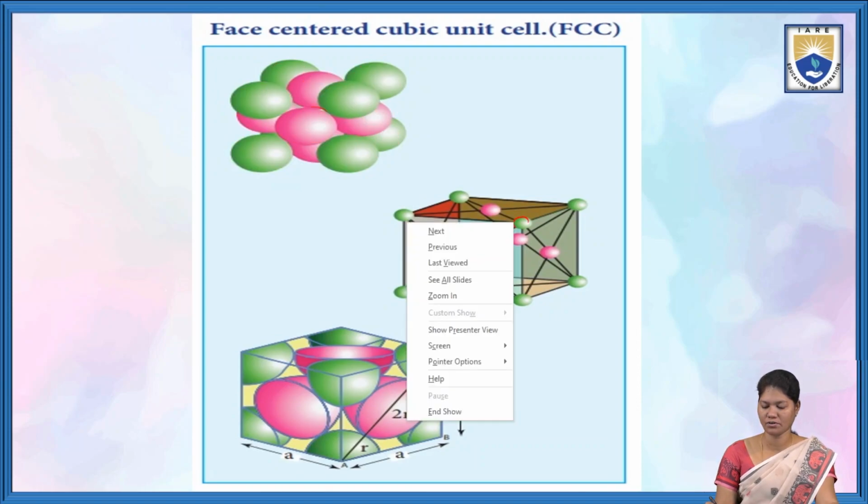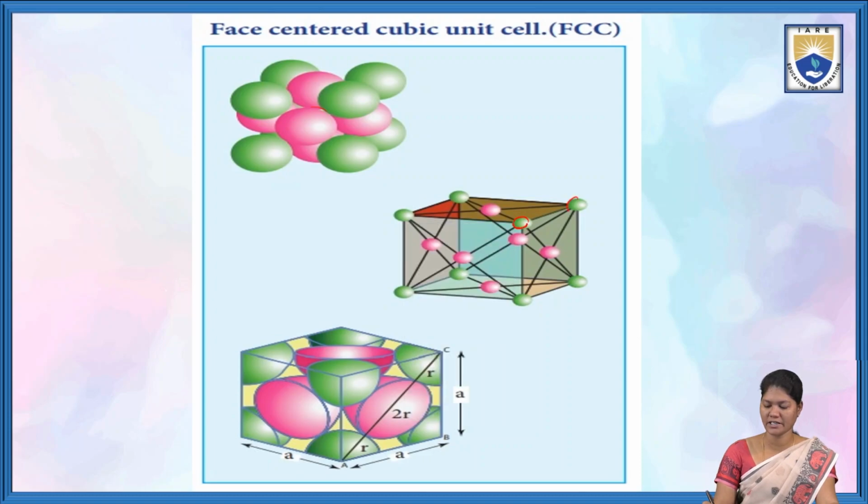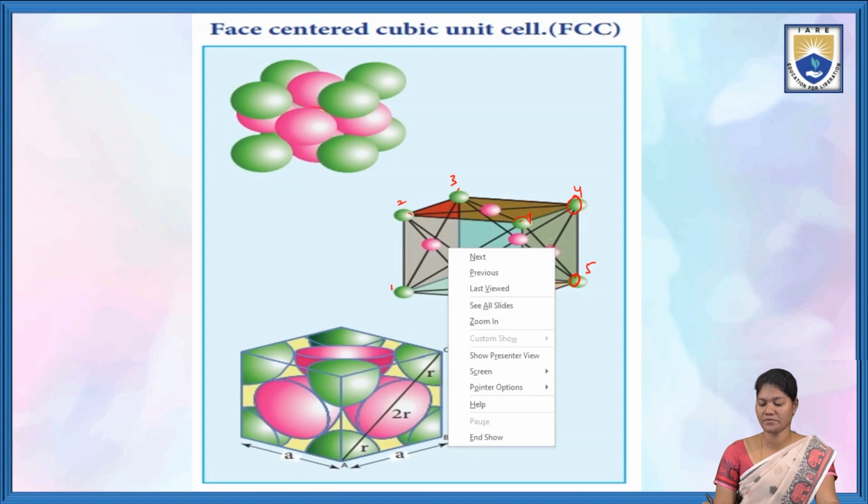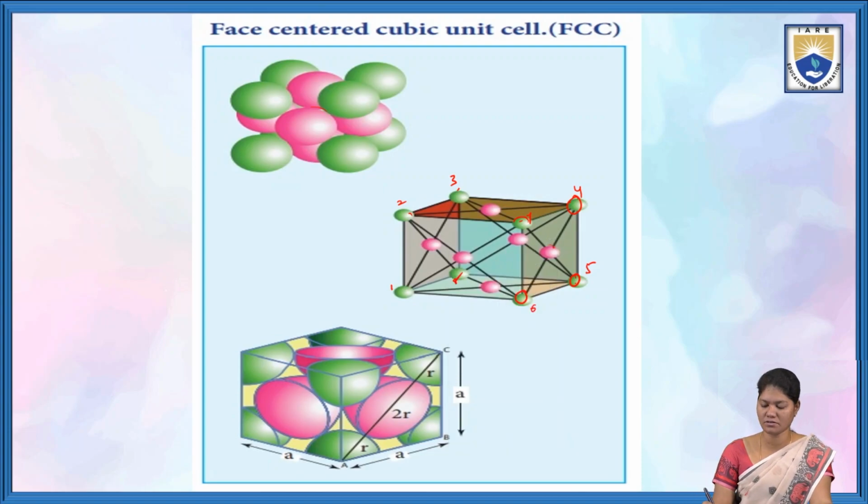Here the corner atoms are green. This is one of the faces: 1, 2, 3, 4, and 5, 6, 7, 8. So there are 8 corner atoms, shown in green, and in each face there is an atom at the center, shown in pink.